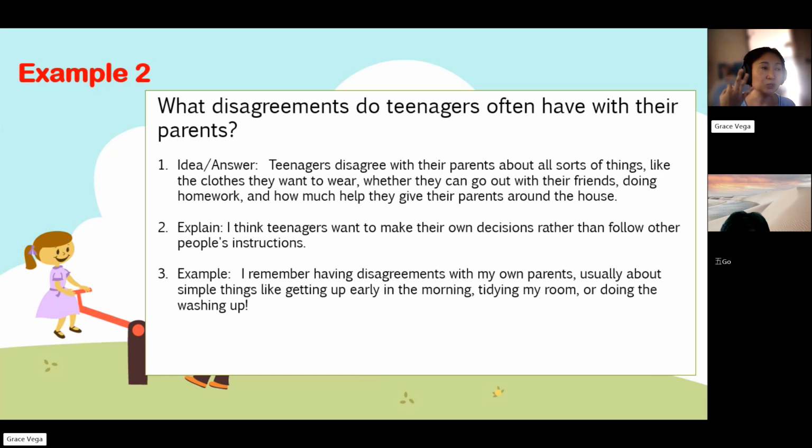And for step three, you will have to give an example. It can be from your own experience, like this one. I remember having disagreements with my own parents, usually about simple things like getting up in the morning, tidying my room, or doing the washing up. So it can be an example.